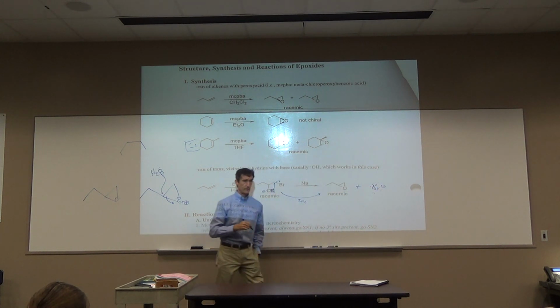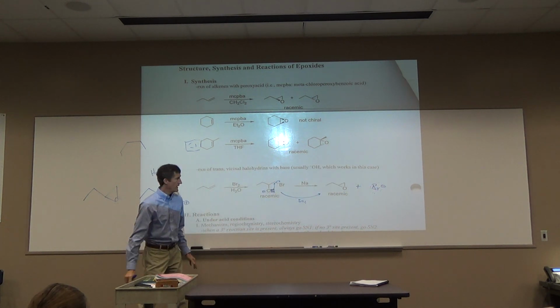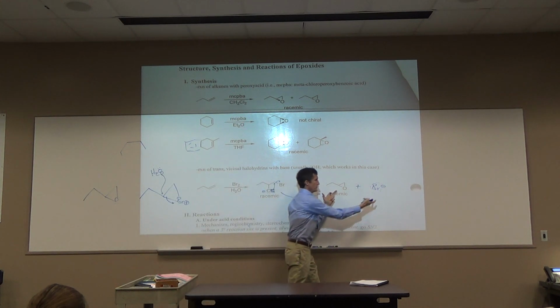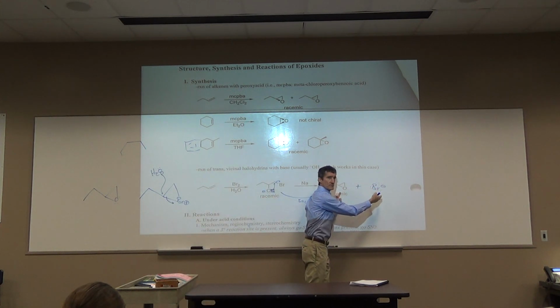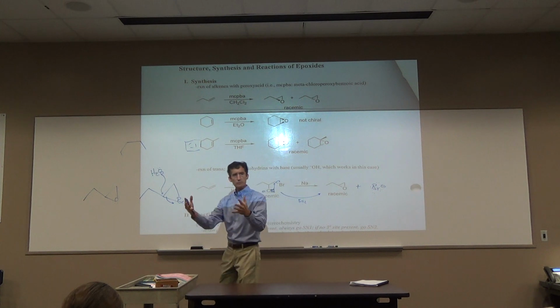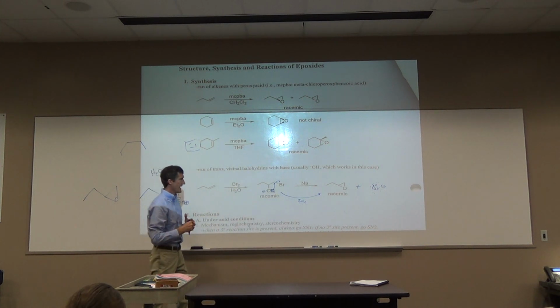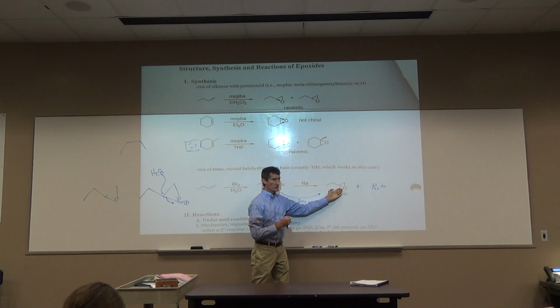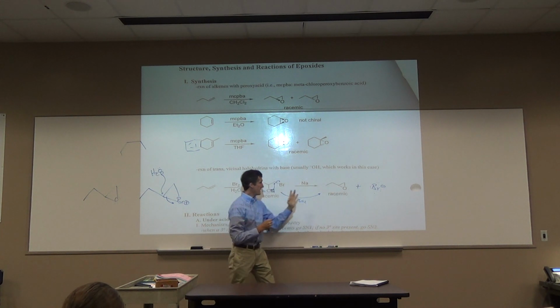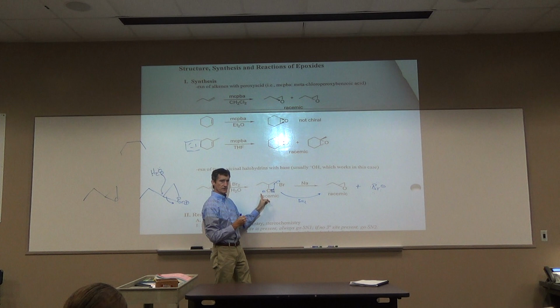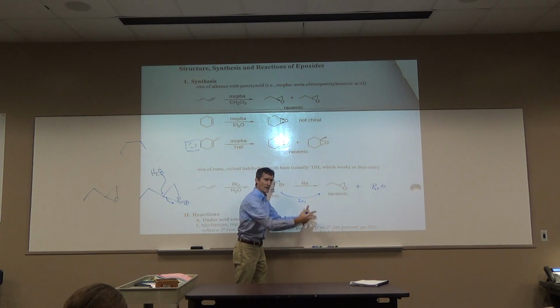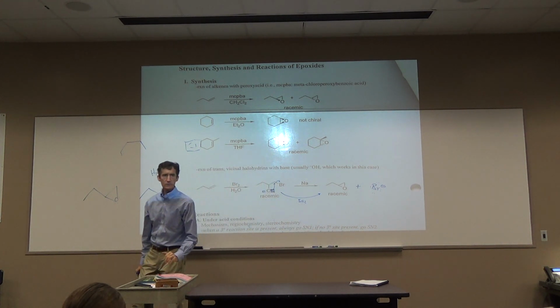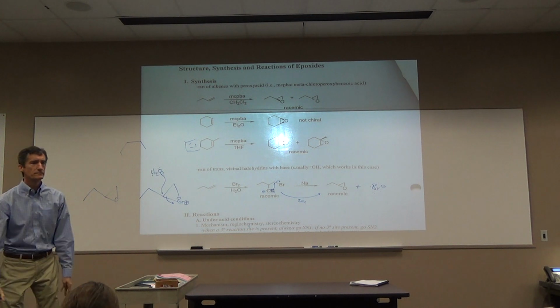When it comes in, it kicks off the leaving group. So one molecule went to two, so it's driven by entropy. And it went from minus to neutral, and Br would rather be minus than oxygen. So there are reasons that it goes that way. Yes, it has ring strain, but it will form.